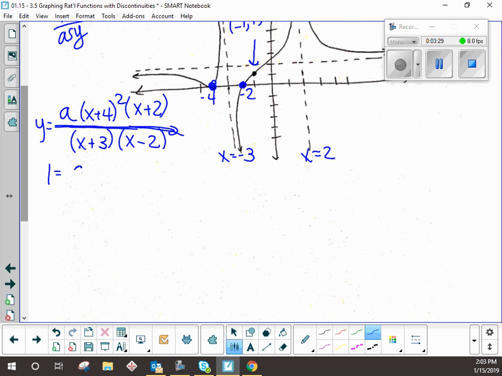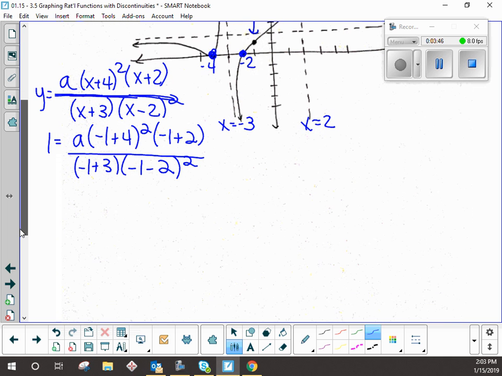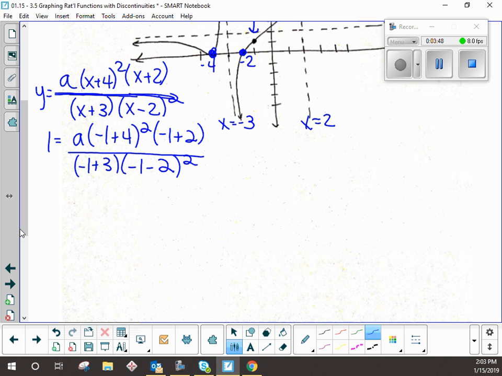So y equals a times -1 plus 4 squared times -1 plus 2 over -1 plus 3, -1 minus 2 squared. So for order of operations, what do we do first?